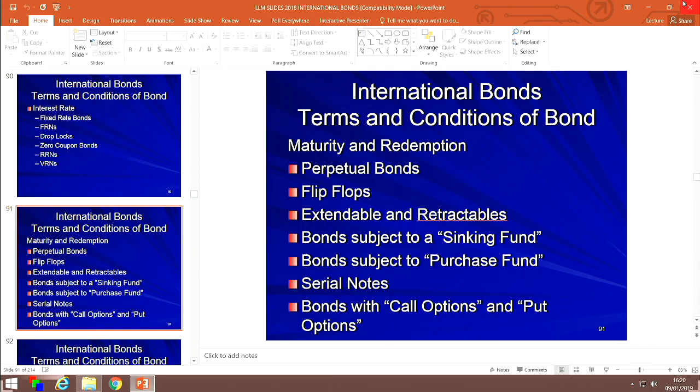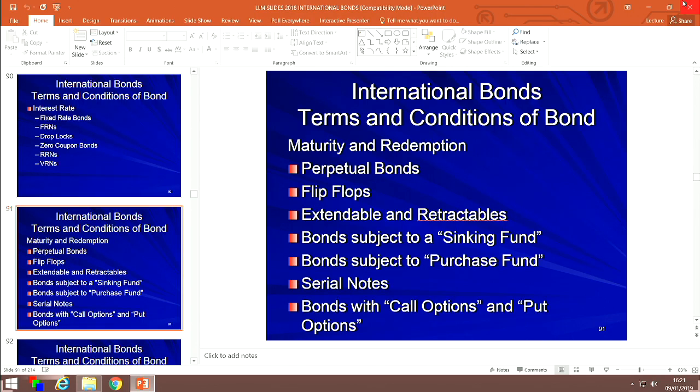The issuer can decide not to exercise it and not redeem that amount, leaving it to redeem everything on the termination date of the bond. But it has a right. That's why it's an option. It can exercise it, and if it exercises the option, then the bonds will be redeemed to 30% of the totality of the bonds. A put option, on the other hand, is a right not given to the issuer, but given to bond investors.